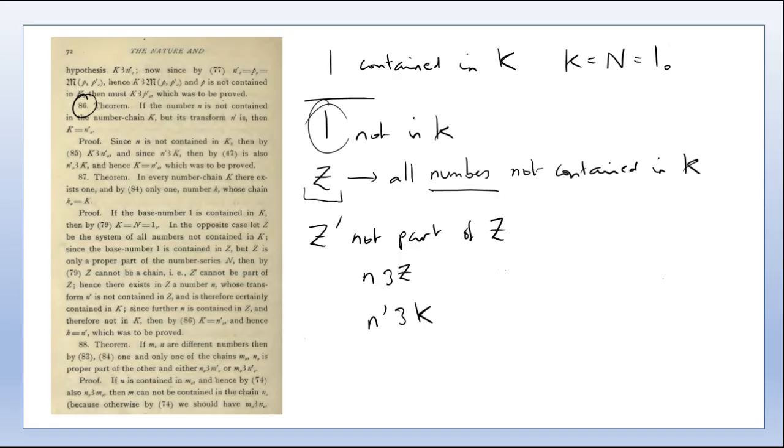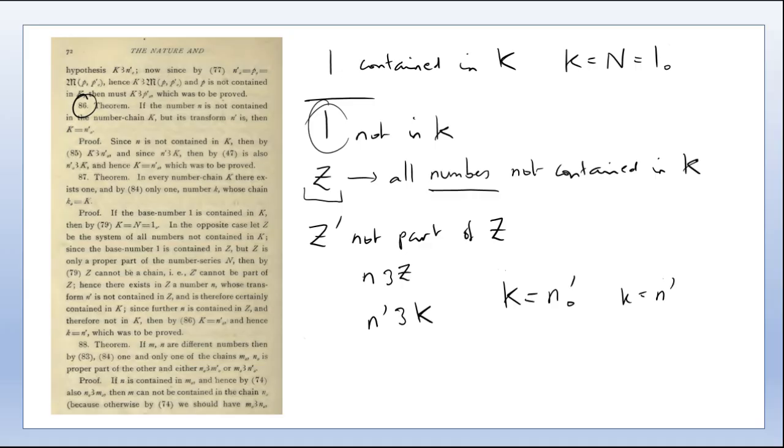And since further n is contained in Z and therefore not in K, then by 86, what was 86? If the number n is not contained in the number chain K, but its transform is, then K is equal to the transform chain of n, and hence K is equal to n primed, which was to be proved.